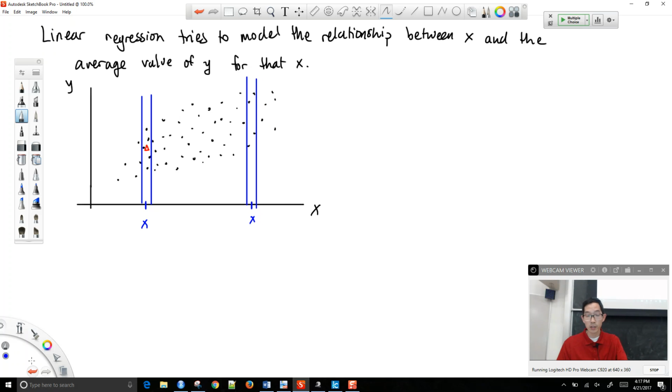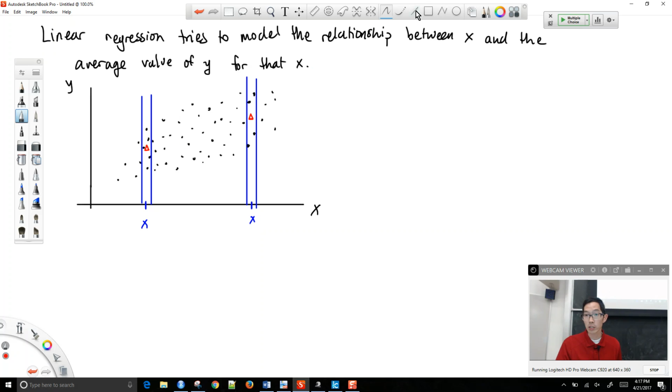Here it looks like I've got maybe 4 data points, and I would say the middle of these 4 is the average. We can imagine taking slices of data for different values of x and trying to find the average of those.